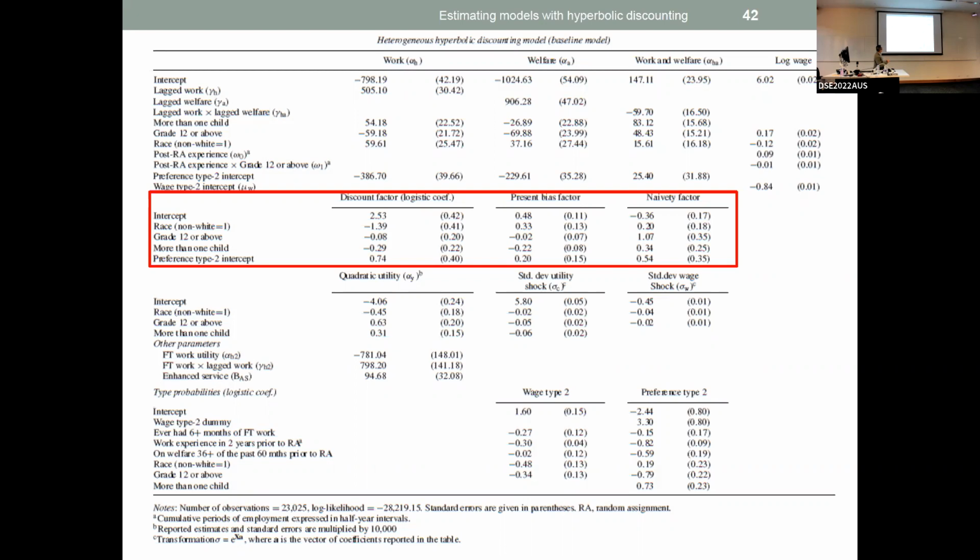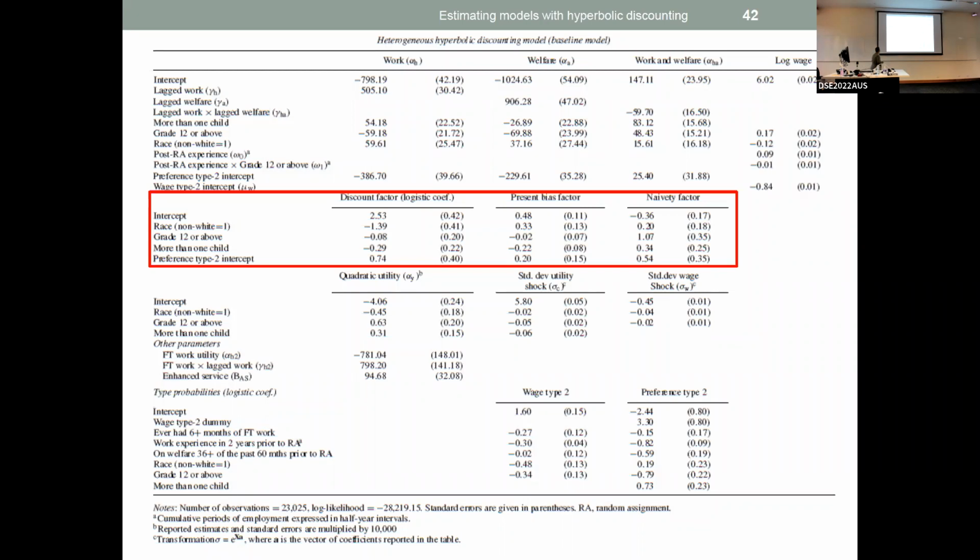The log wage equation is determined by your experience, and there's this curvature in utility. Just to allow for risk attitude or income effects, we allow this curvature to differ by demographic characteristics. And then the shocks to utility and the shocks to the wage are also heterogeneous. So everything is heterogeneous.